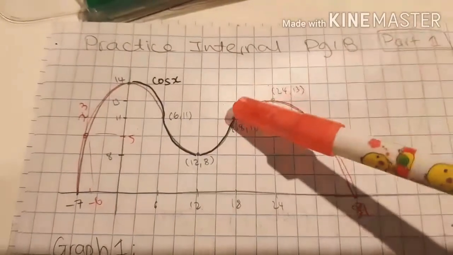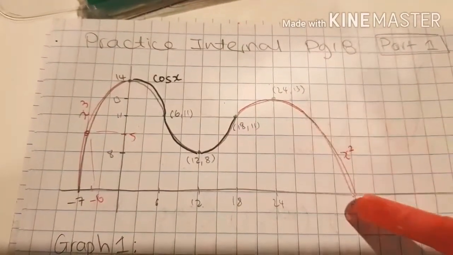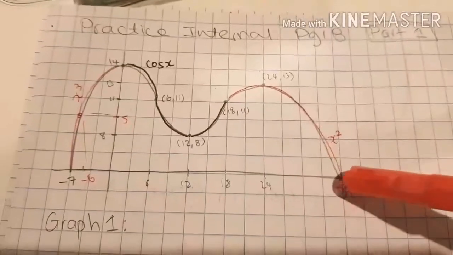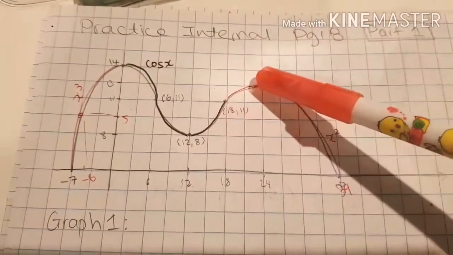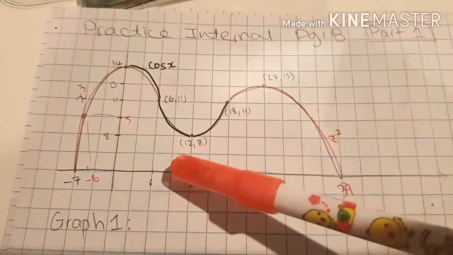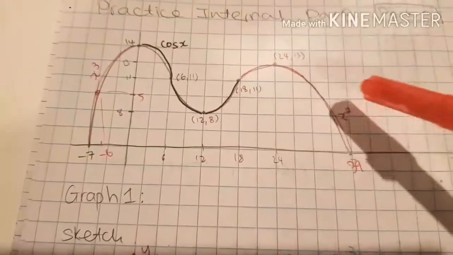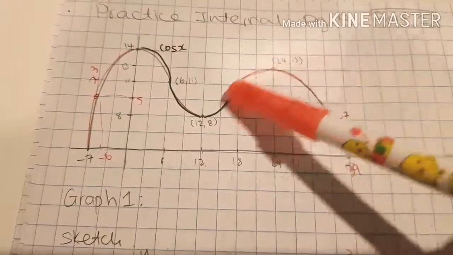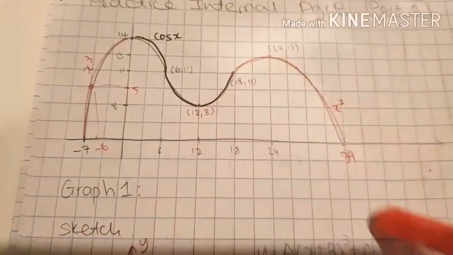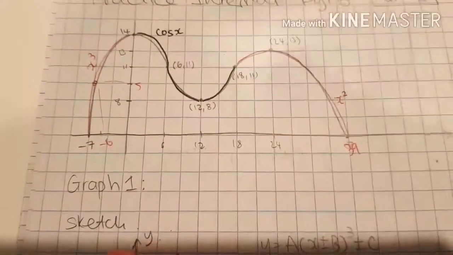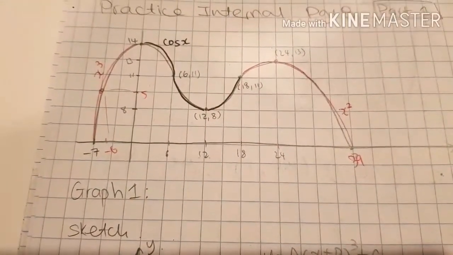Right, now the very last one. Okay, this is a parabola. Right, people, even though it does not pass through the other x-intercept and the y-intercept, in the sketch you need to draw the full graph that crosses both x-intercepts and also the y-intercept.